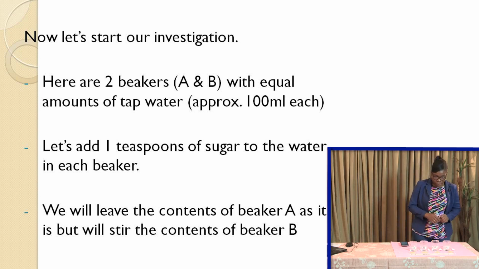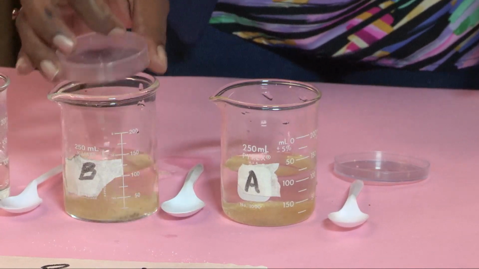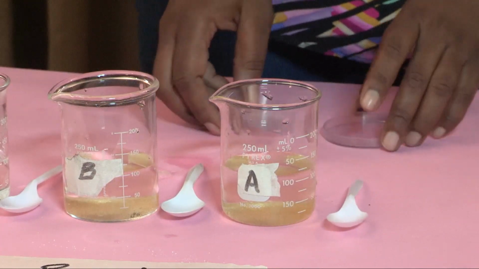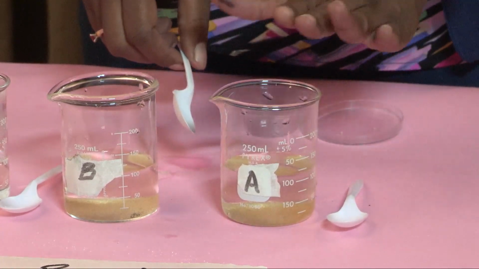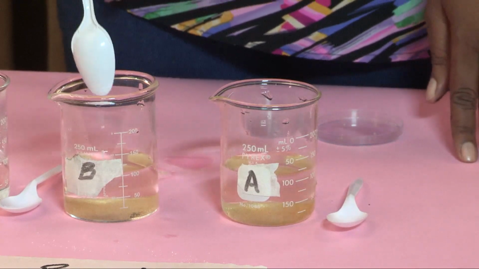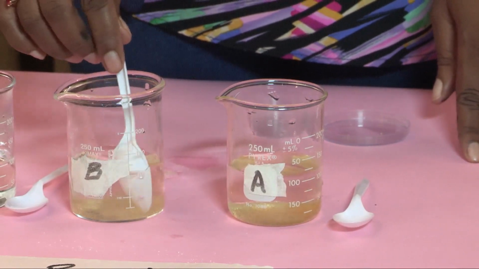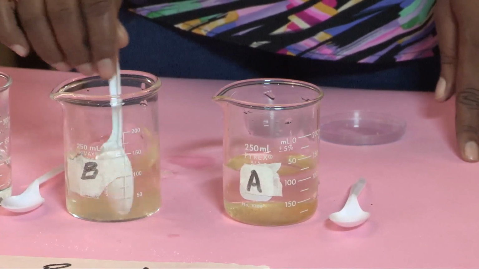But for this one here, we're going to add the sugar to the 2 beakers of water at room temperature, but this one will remain as it is. We wouldn't do anything to this one, while the second one, we're going to stir it.